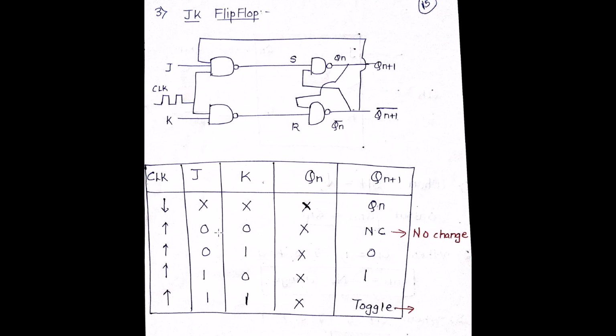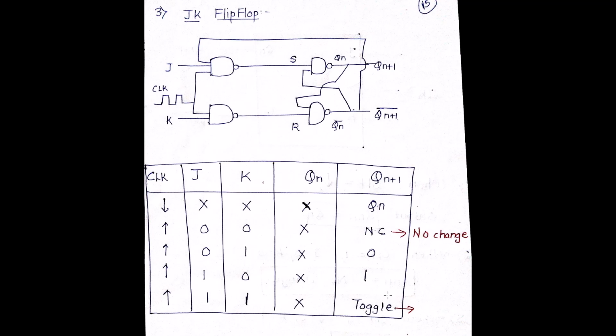Now if you consider 0 and 0, the output is going to be no change. It will retain the previous output. If it is 0 and 1, the output will be reset to 0. If it is 1 and 0, the output will be set to 1. And if it is 1 and 1, the output will toggle.